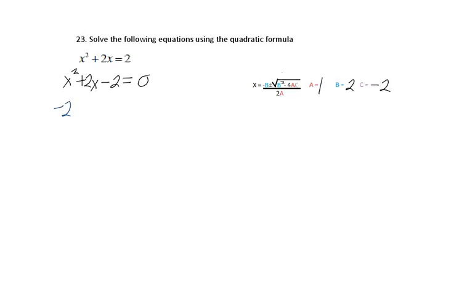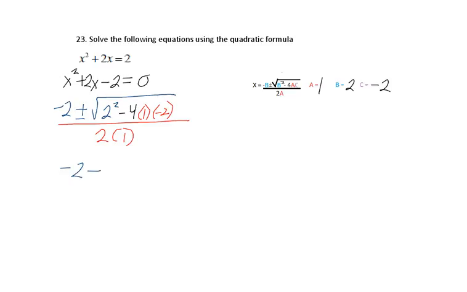So you get negative 2 plus or minus square root of 2 squared minus 4 times 1 times negative 2 over 2 times 1. So you still got the negative 2 out here. You still have 2 at the bottom. Now let's work the inside.